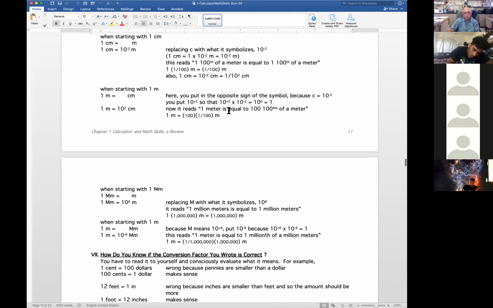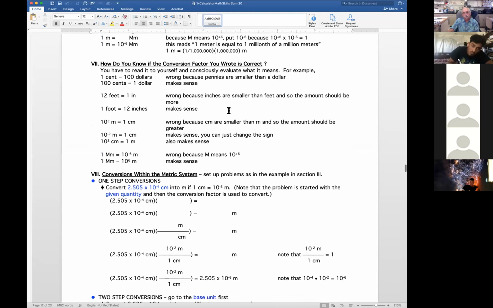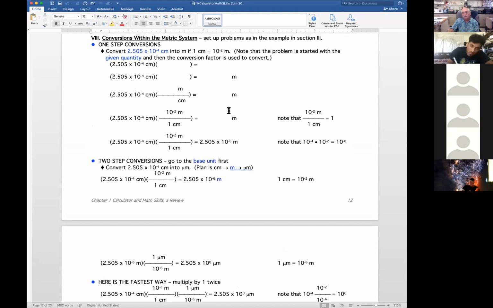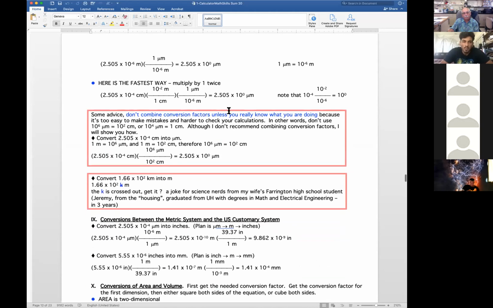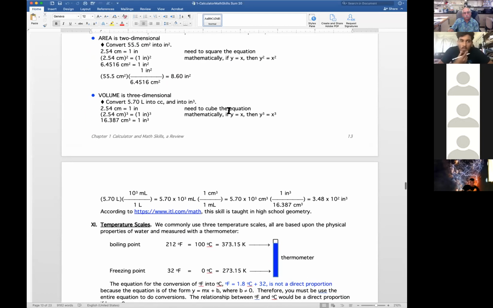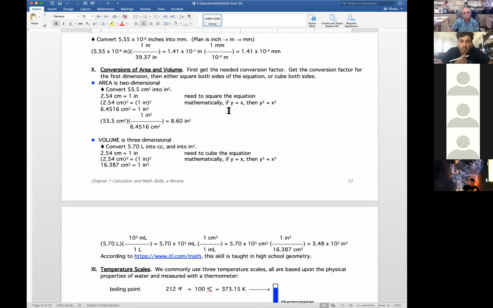Then it was simply how to write conversion factors, and then the methodology using the units to set the problems up. So here's some conversions we did in the square and cubed.